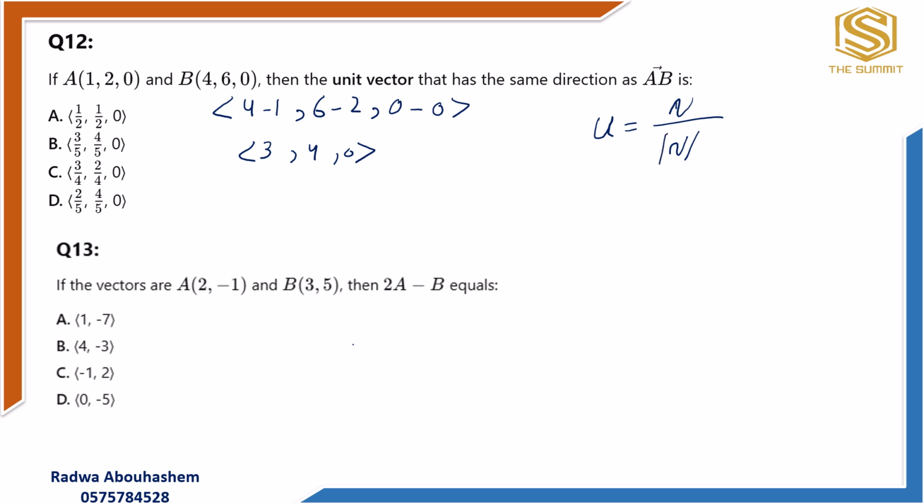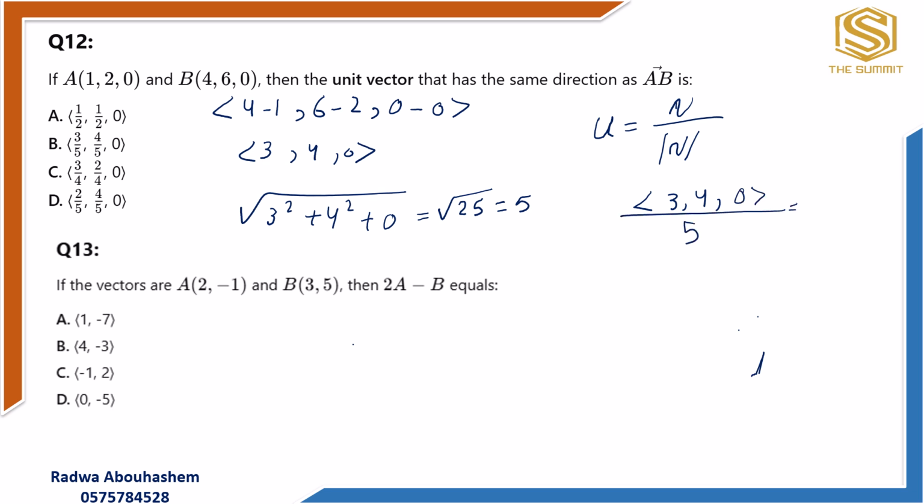So let's get the magnitude. It's 3 power 2 plus 4 power 2 plus 0 power 2. Of course, it would be 0. So 9 plus 16 gives me the square root of 25, which is 5. So (3, 4, 0) divided by 5. So it would be 3 over 5, 4 over 5, and 0.